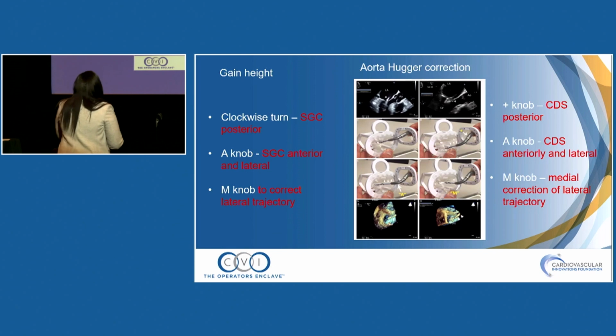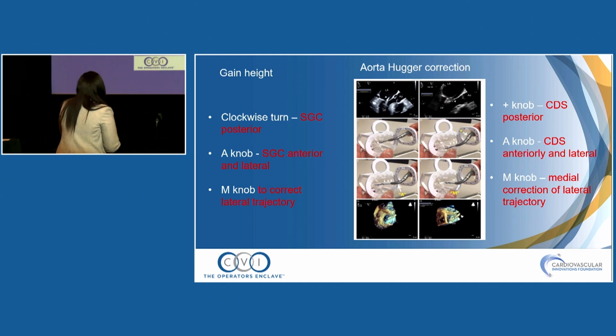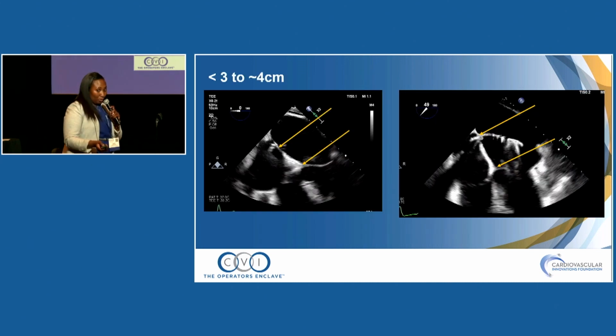And so the thing here is that fortunately, the correction is similar, except that the plus knob was going to counteract what I needed to do to gain height. And so what I ended up doing was take the guide as posterior as possible, and then just use the A knob and the M knob to correct my trajectory. And fortunately, most of this jet was more lateral than medial, so that was also helpful.